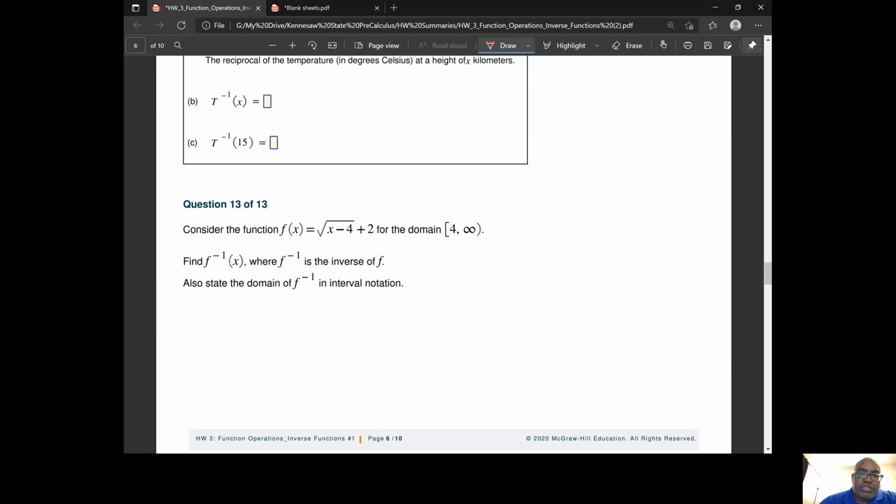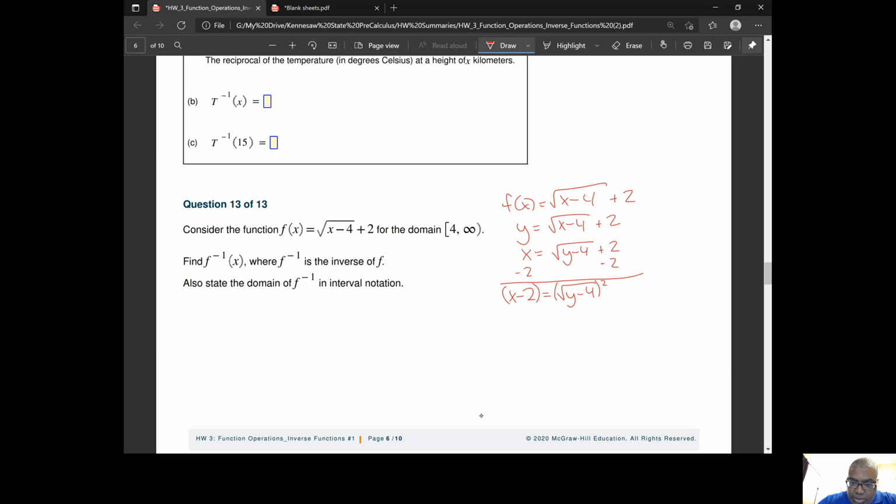Okay. So f of x is equal to the square root of x minus 4 plus 2. y is equal to the square root of x minus 4 plus 2. x is equal to the square root of y minus 4 plus 2. Subtract 2. x minus 2 is equal to the square root of y minus 4.